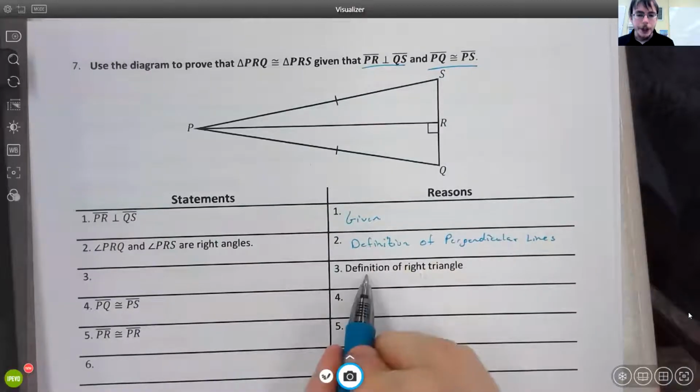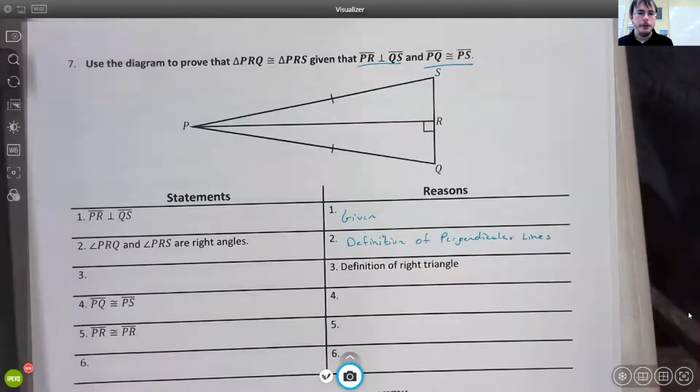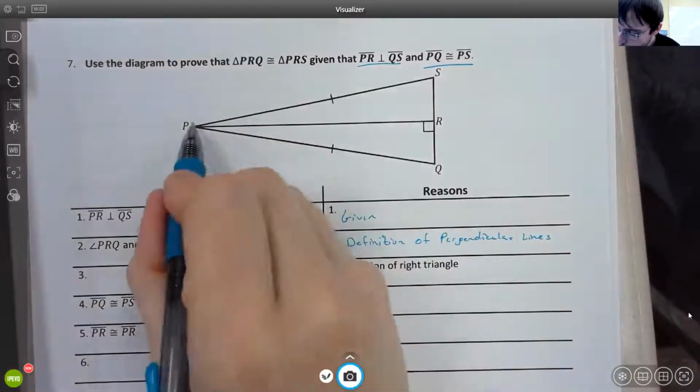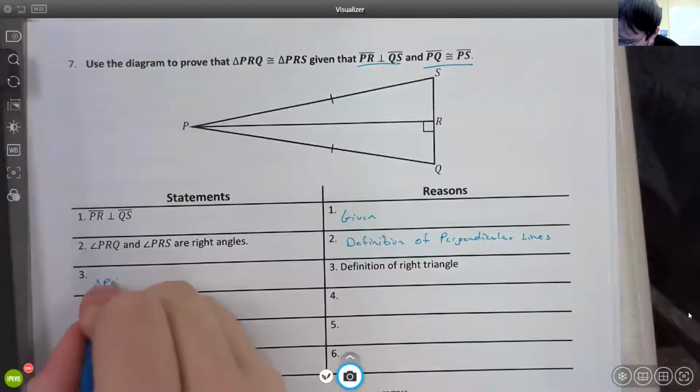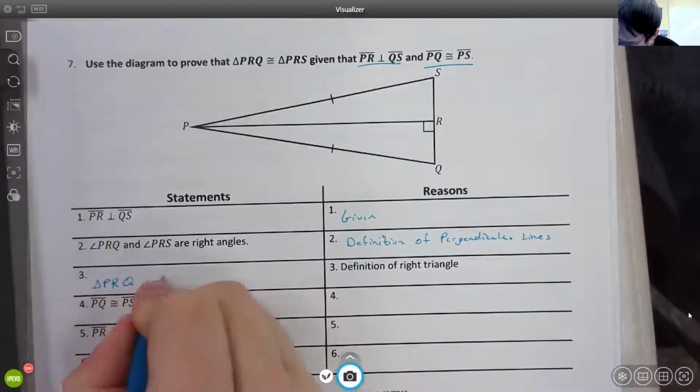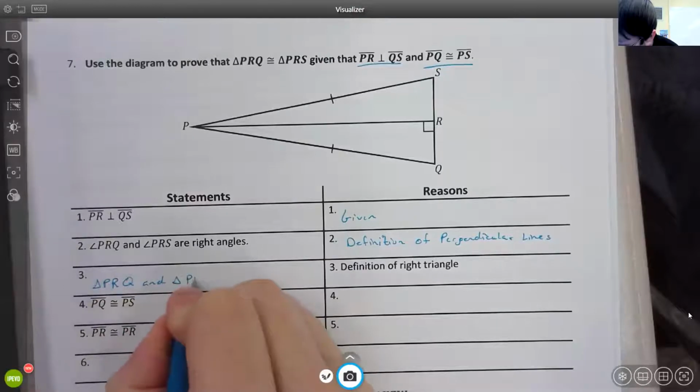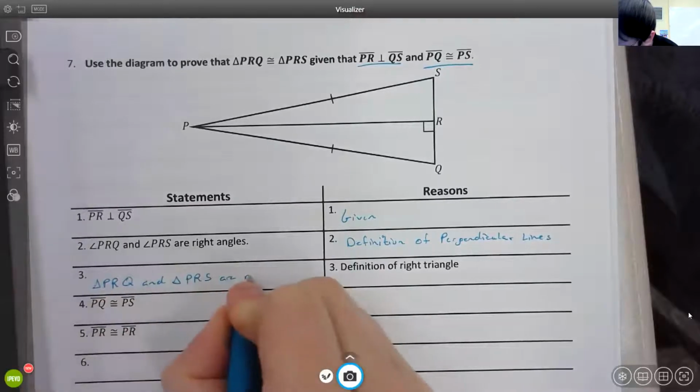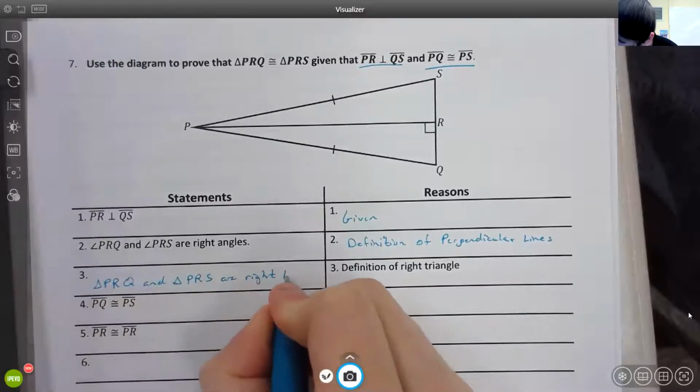Next, it says definition of a right triangle. Well, if a triangle has a right angle, then it is by definition a right triangle. So triangle PRQ and triangle PRS are right triangles.